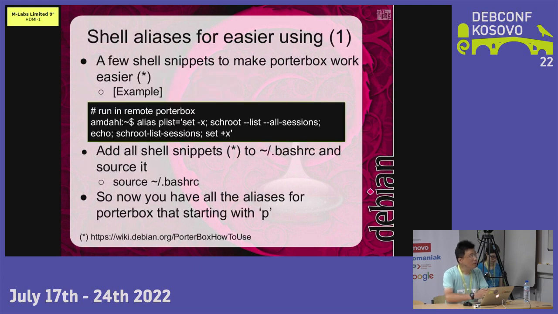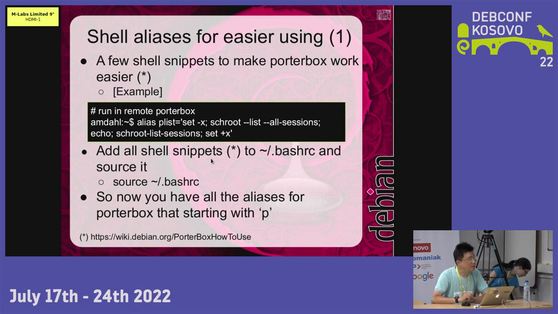The first experience I want to share is that I use a lot of aliases in the shell. I use all kinds of aliases that start with P, meaning Porterbox aliases, such as this one, plist, that lists all the chroot sessions on the remote Porterbox.